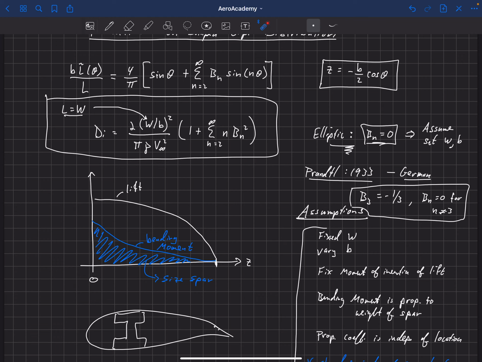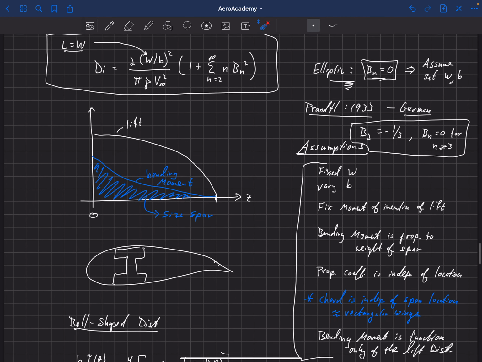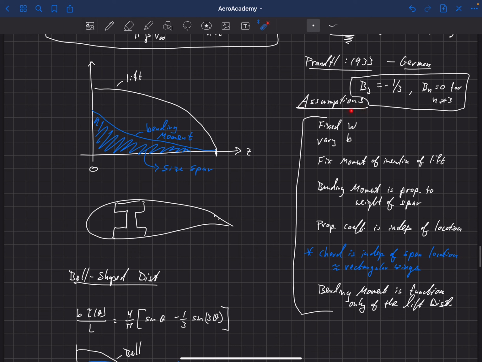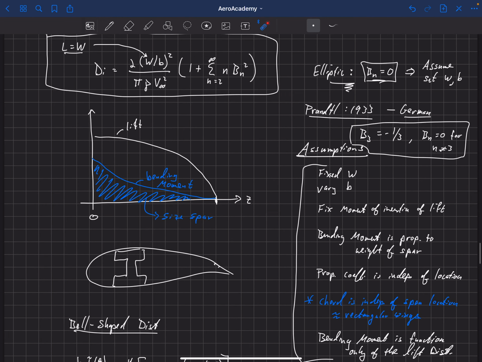All he claimed was that if you apply these assumptions, you get a different lift distribution that minimizes induced drag than the elliptic lift distribution, which was developed using a different set of assumptions. So it's important to understand that Prandtl never made that claim in his paper.